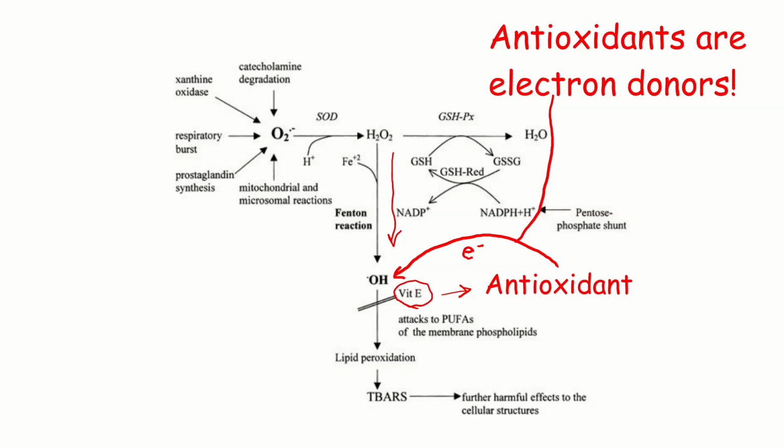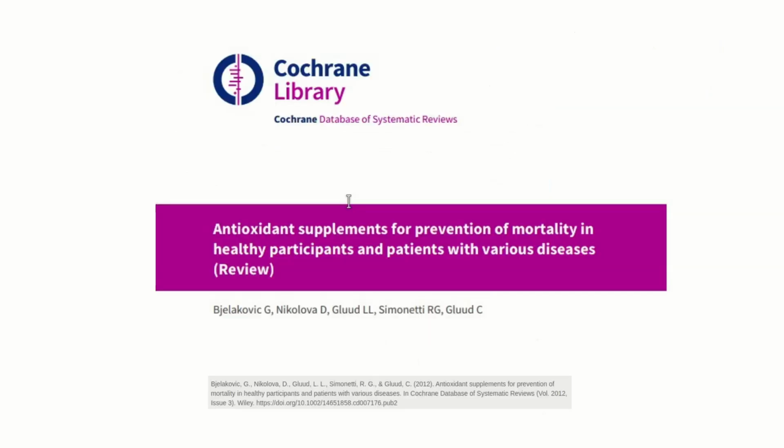Hooray. And so this is the reason why many studies have been done, giving antioxidants to people, supplemental antioxidants in high doses, and saying this should cure cancer, this should prevent cancer, this should prevent heart disease, perhaps this should prevent a lot of these problems.